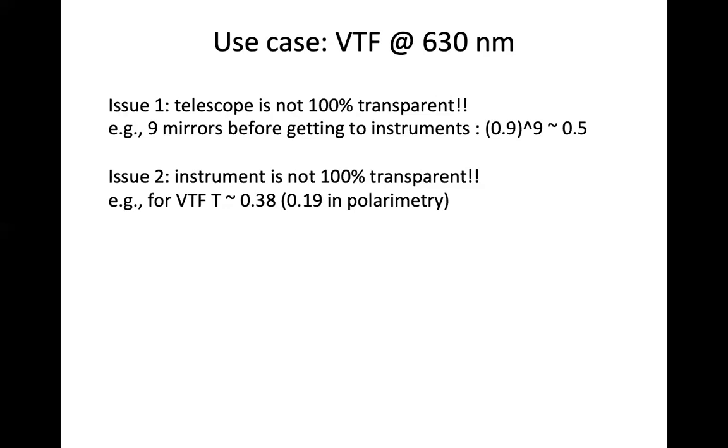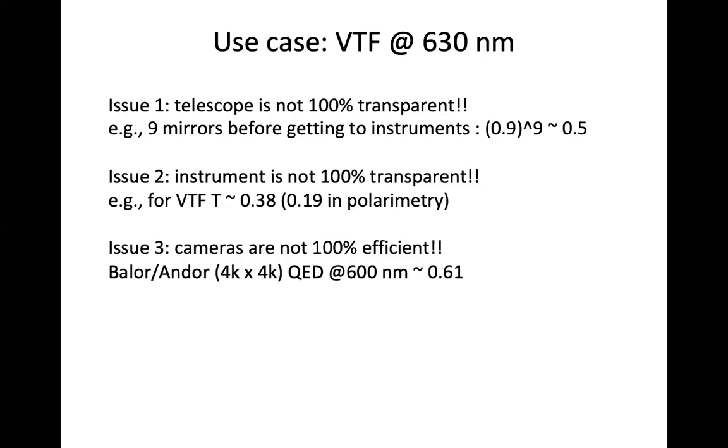So then what do we have? Cameras are not 100% efficient. They actually have a very strong wavelength dependence often. In particular, the one that the VTF will use has 60% efficiency at this wavelength. You know what that means? Explain. 60% of the photons that hit the detector will create an electron hole pair.